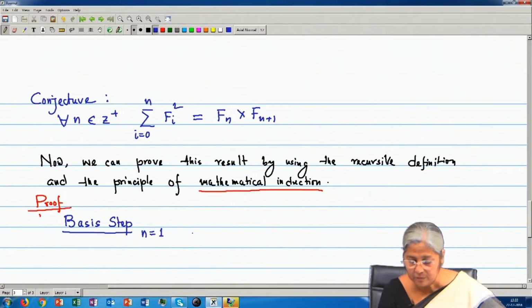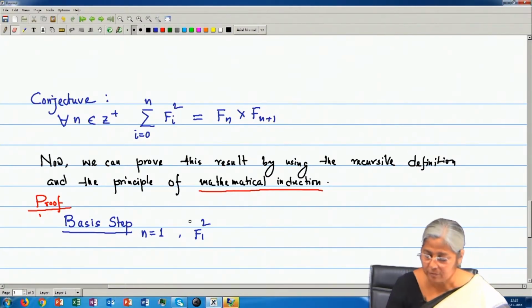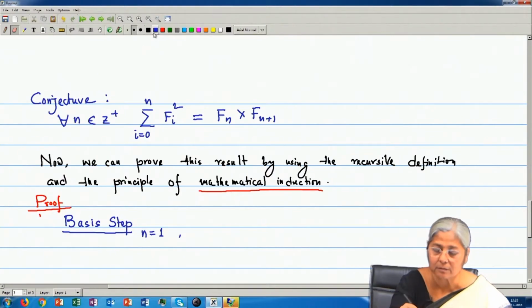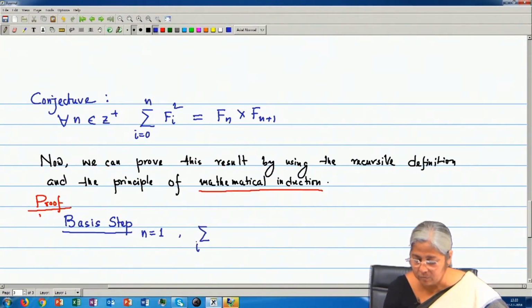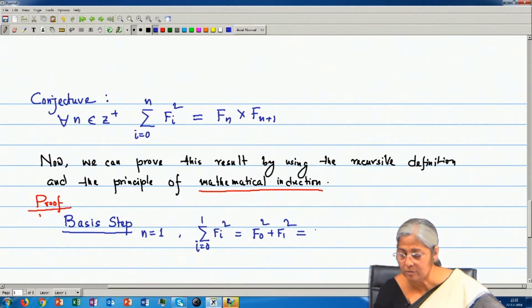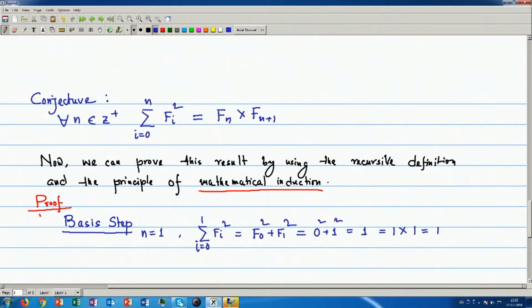Then the conjecture becomes the sum over i equal to 0 to 1 of f i square, equal to f 0 square plus f 1 square, and from the initial conditions this is 0 square plus 1 square, which is 1, and that I can write as 1 into 1, which is f 1 into f 2, since we know that f 2 is also 1.